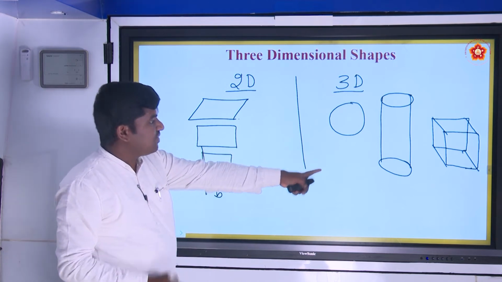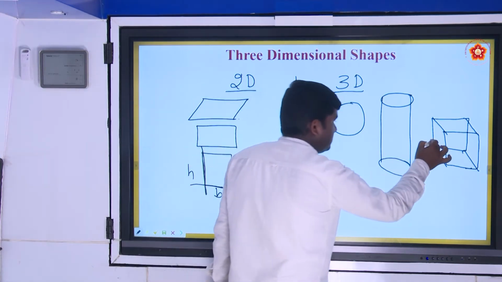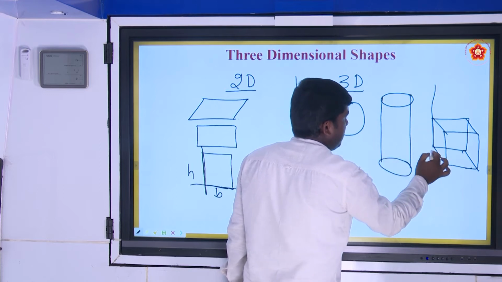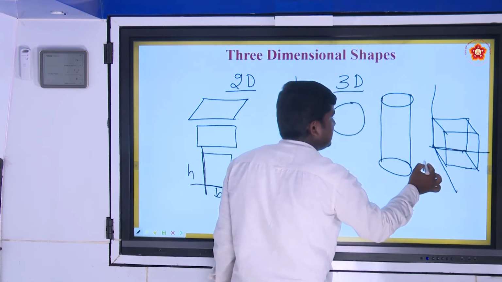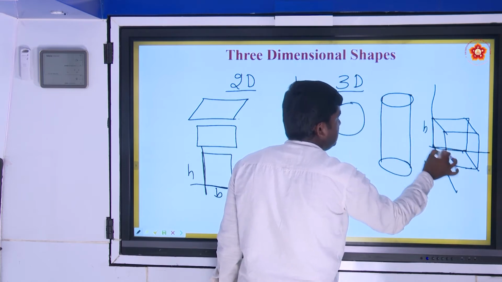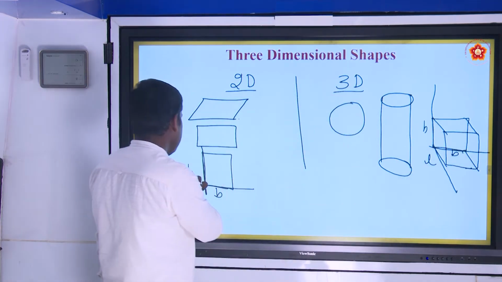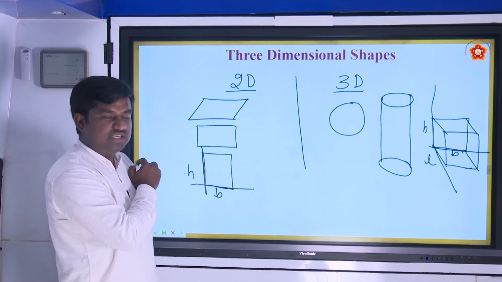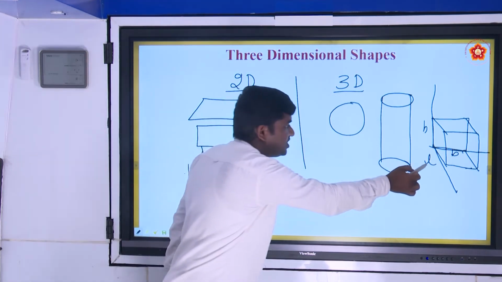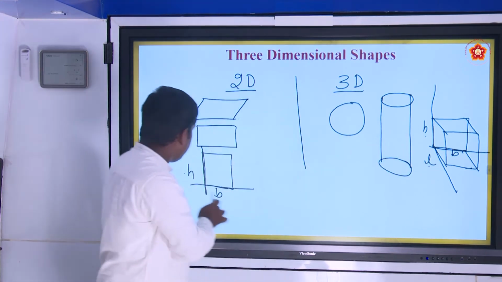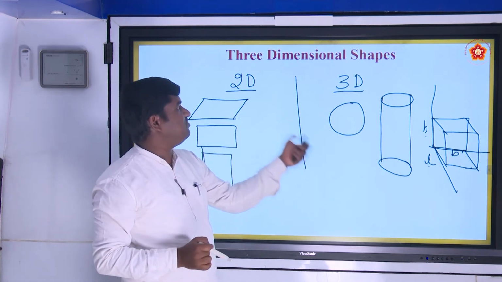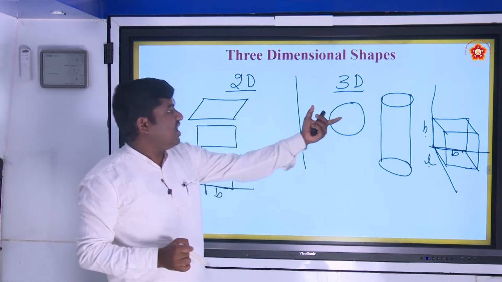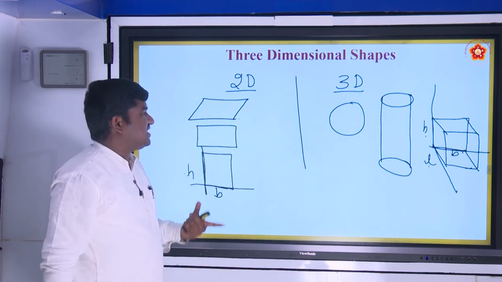But here, see, this is length, breadth and height. But there only height and breadth. Yes, here 3 dimensions, length, breadth and height. Here only 2 dimensions, height and breadth. This is the main difference between 2-dimensional and 3-dimensional pictures.